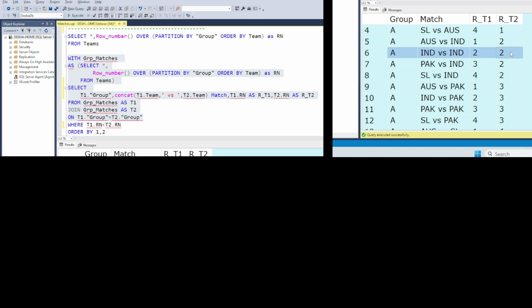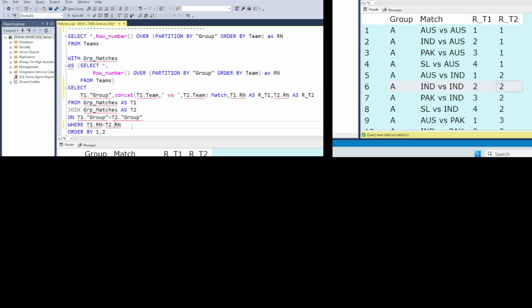For this we used a where condition. The where condition helps us get the data where T1 is less than T2 row number. For 1 and 1, this is not expected output. This will be false, so this combination is not generated.